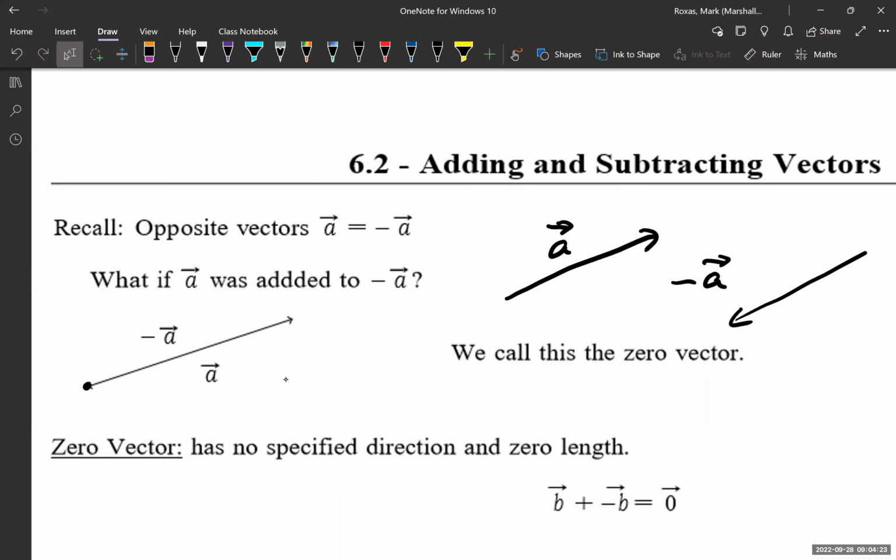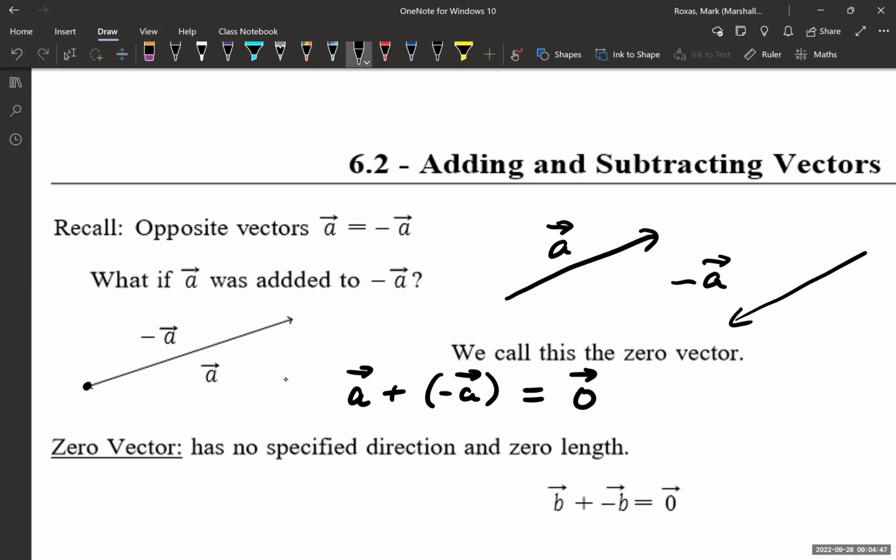When I add vector A plus negative A, it is not zero, it's actually called the zero vector. So when I add A plus negative A, if it was algebra, you know, A minus A is zero, but with vectors, A minus A is zero, the zero vector.